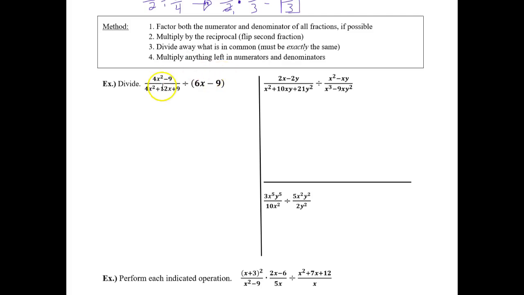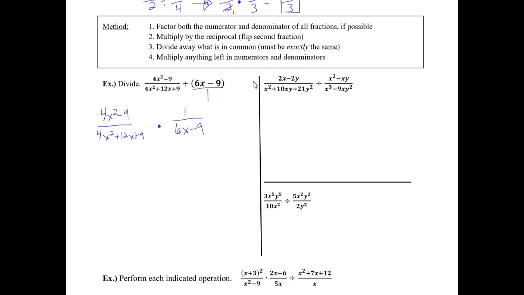This first rational expression is being divided by a polynomial, but I can make this a rational expression by putting it over 1. And then I would copy the first rational expression, and then multiply by the reciprocal of the second one.